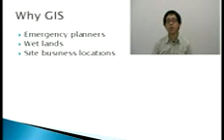It can also be used by a company to set a business location to take advantage of a previously underserved market. If what you do involves management of information that can be linked to geographic information, GIS will help you.